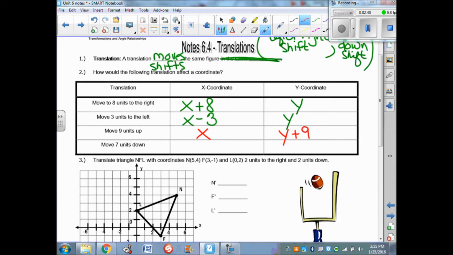Well, what about this fourth one? Move 7 units down. That up or down movement means we're affecting the Y, so down would mean subtract 7 from your Y value. It didn't say any left or right movement, so the X would stay the same.